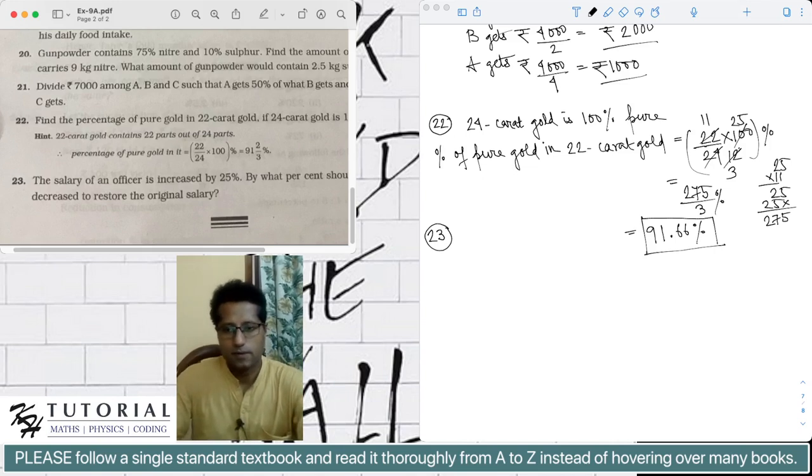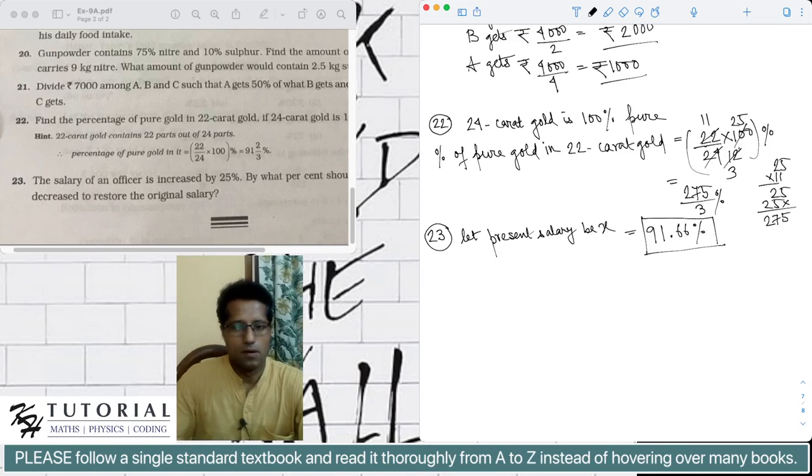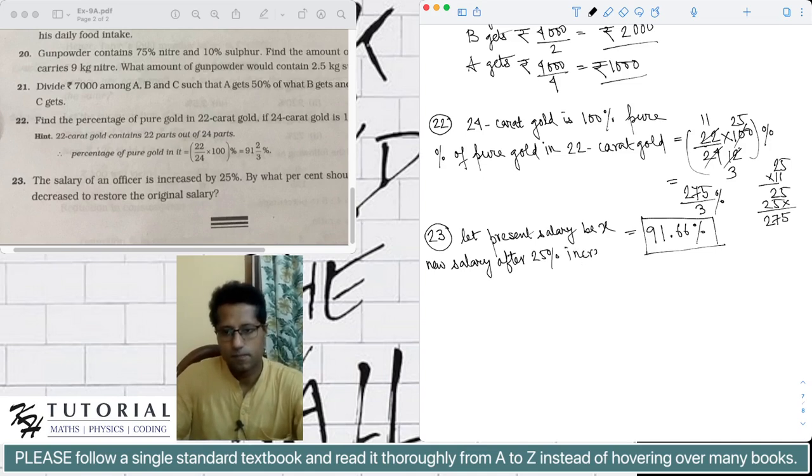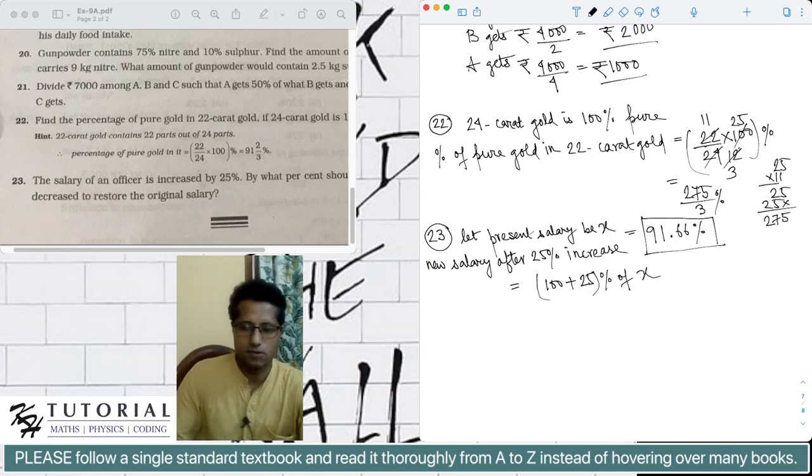Okay, so let the present salary be X. So the new salary after 25% increase will be equal to 25% more than X, that is 100 plus 25% of X, where X is the present salary.